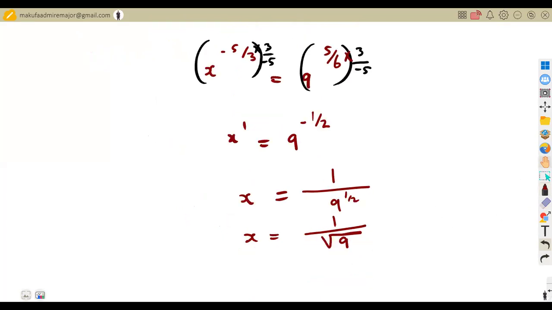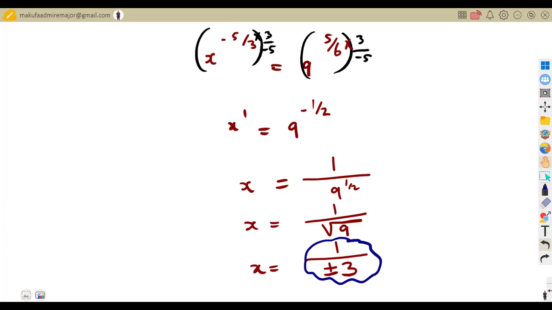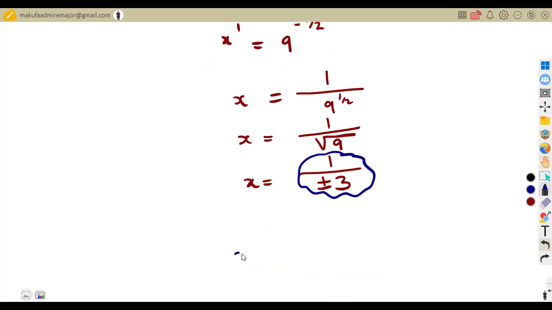But what is the square root of 9? The square root of 9 is plus or minus. The square root of any number is plus or minus. So you're going to have plus or minus 3. That means we've got two solutions from there. X can be 1/3. Like I said, there are two solutions here: X can be a positive 1/3, or X can be a negative 1/3 at the end.